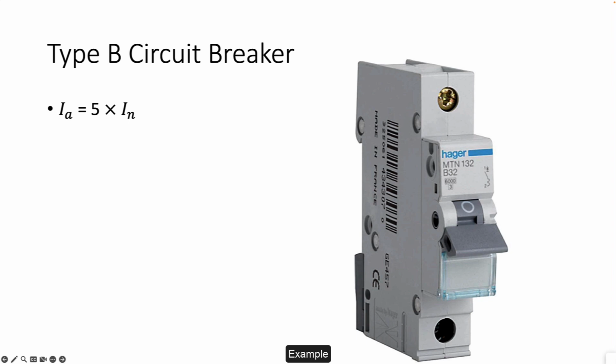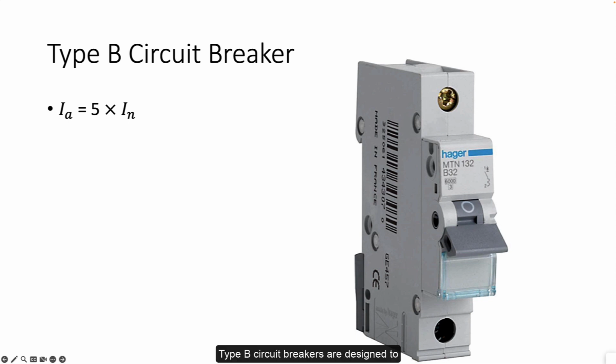Example: for a 32 ampere type B circuit breaker, the magnetic trip could be set at 160 ampere. This corresponds to the instantaneous trip current I subscript A equal to 5 times the rated current I subscript N. So 5 times 32 is equal to 160 ampere.